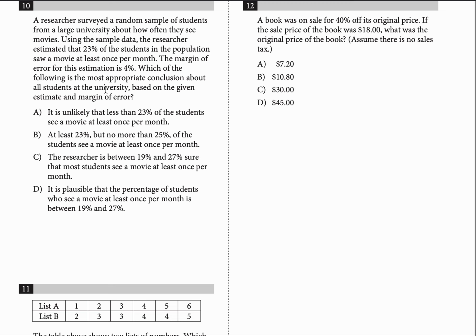All students. Okay, so actually it is potentially likely, because the margin of error for the estimate is 4%. So it could be 22% or whatever. At least 23%, no, because it goes up and down. It's plausible that the students is between.